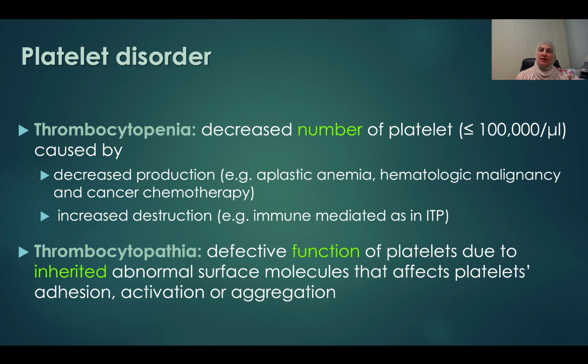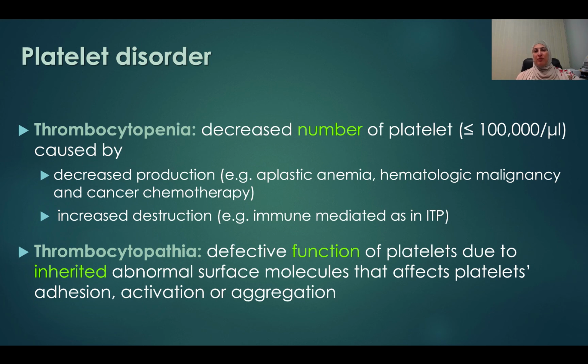The last topic is going to be about platelet disorders. Generally speaking, platelet abnormality could be in the number of platelets produced, or in the structure, or let's say the molecules present on the surface of the platelets. If the problem is related to a decrease in the number, we call that thrombocytopenia.